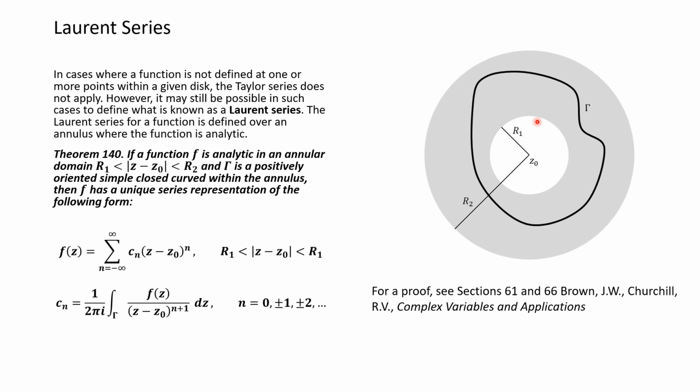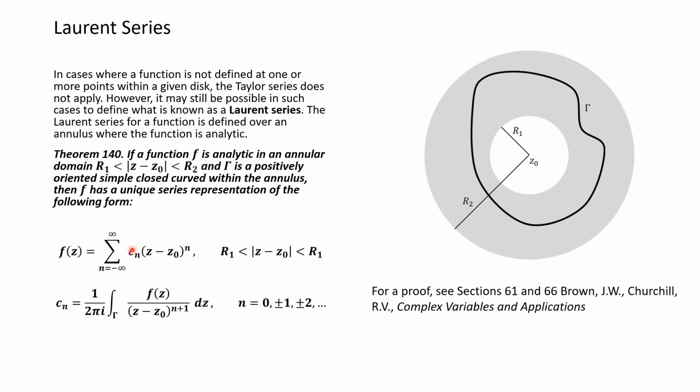And we can define a series for the given function in this gray area, and it's given by this theorem here. If a function f is analytic in an annular region, this gray area here, and gamma is a positively oriented simple closed curve, so I just gave you an example of that in here, within the annulus, then f has a unique series representation of the following form.